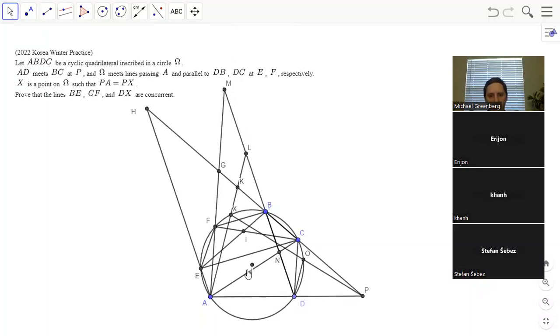Okay. So we want to show BN times BM is BL times BD. That's one way to do it.